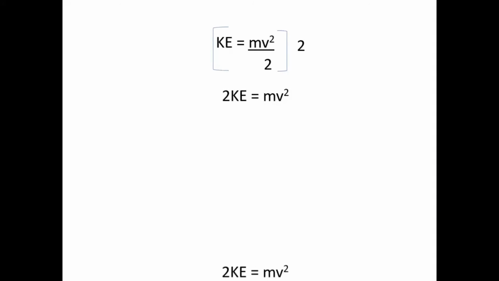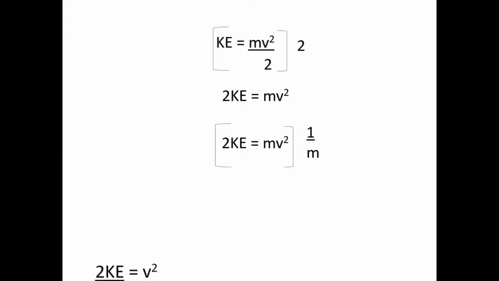So it will become 2KE is equivalent to mv squared. Now, to remove m, we multiply both sides by 1 over m. So it will become 2KE over m is equal to v squared.